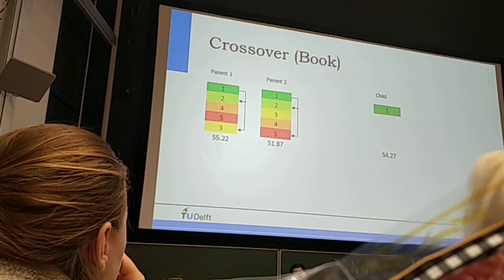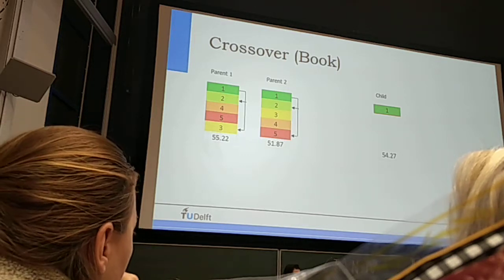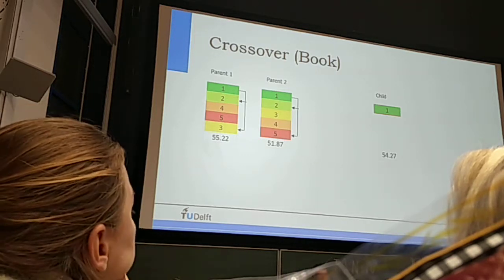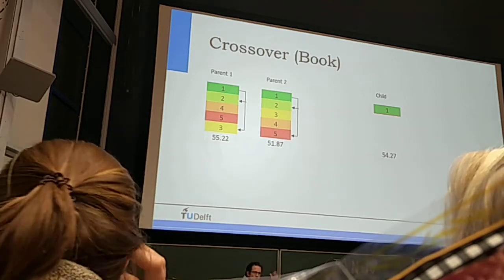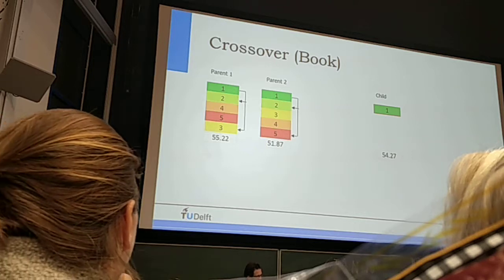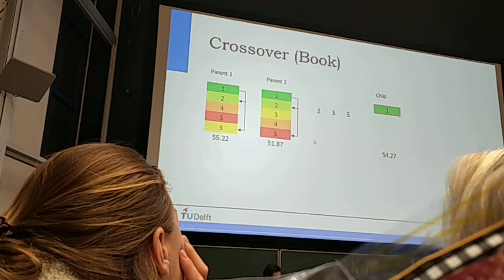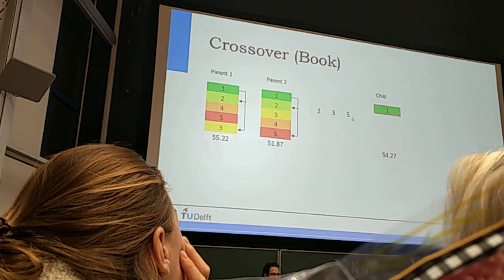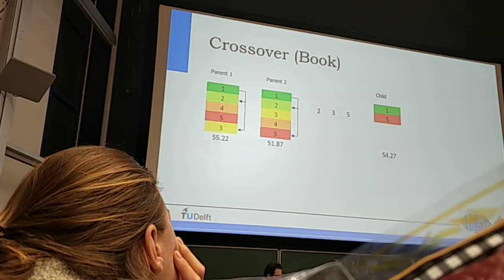Now I'll ignore mutation in this case. If you have mutation, there is a random chance, a 10% chance, that it will mutate. In that case, there's only 4 available for mutation, so it will take that. But in this case, it's either 2, 3, or 5. So randomly we pick one of these, and in this case it's 5.